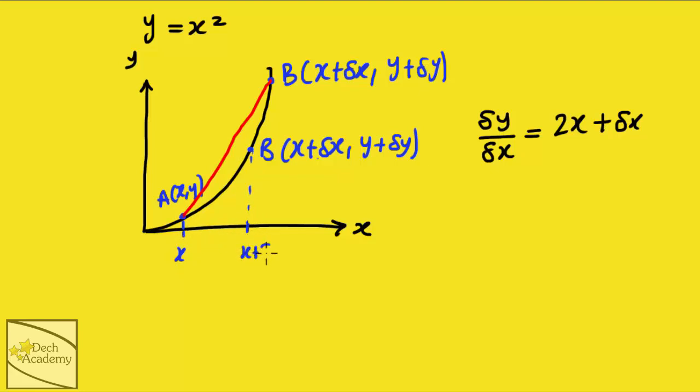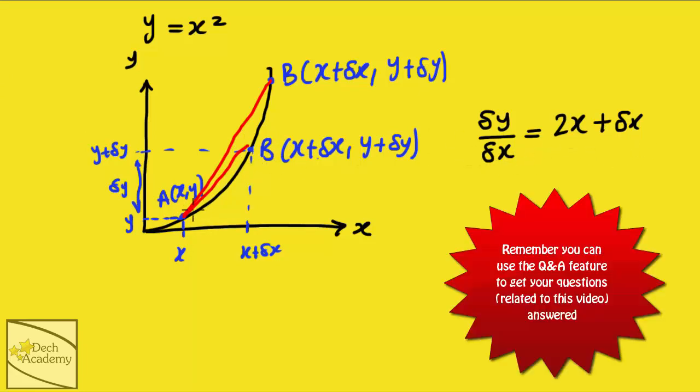Ditto for the y coordinate. The y coordinate of this point is y, and the y coordinate of this point here is y plus an increase in the y coordinate, which is delta y. So the y coordinate here is y plus delta y. So a line from A to B here will also have a gradient given by this expression.